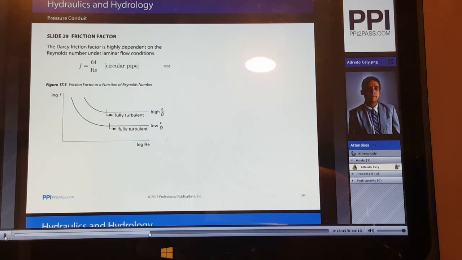Now, the Darcy friction factor is a very easy calculation when we are operating under laminar flow conditions. The Darcy friction factor for laminar flow conditions can be approximated by equation 17.16, which simply divides 64 over the Reynolds number.